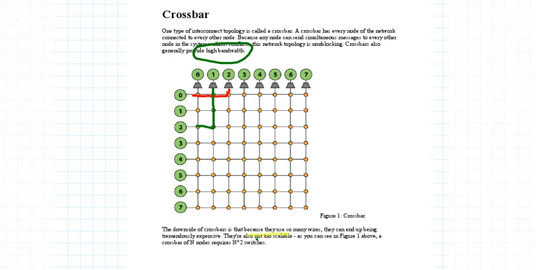Why? You can see in the figure that there are 8 processors in your system, but to connect these 8 processors you need 8 square, that is 64 switches to connect each of them with one another.